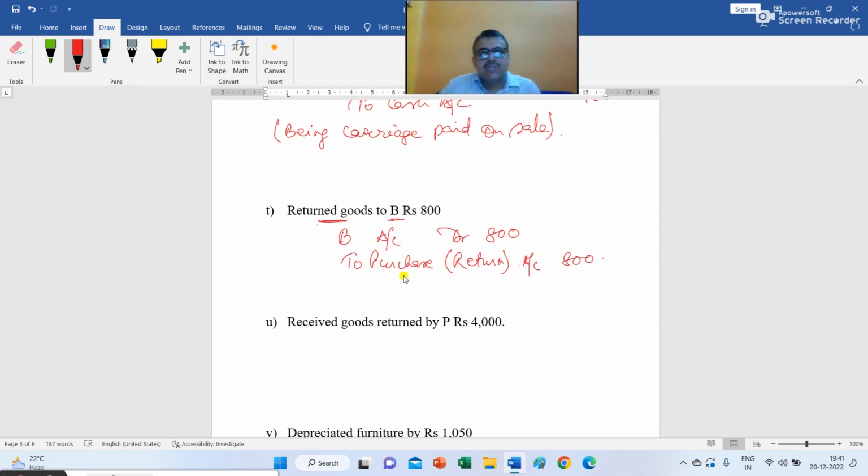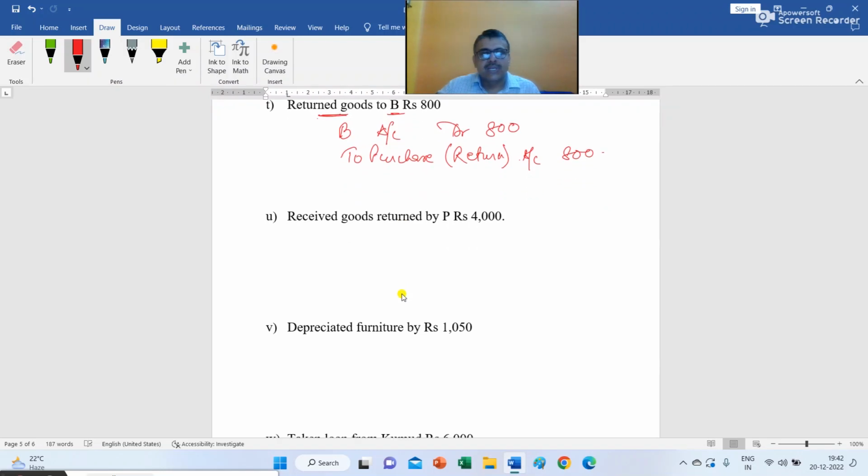It means there was a return of goods to the creditor from whom you have purchased. So when there is a purchase of goods on credit, purchase account is debited and credit is given to the creditor. Here, when there is a return of the purchased goods, creditor is debited and purchase is being credited.